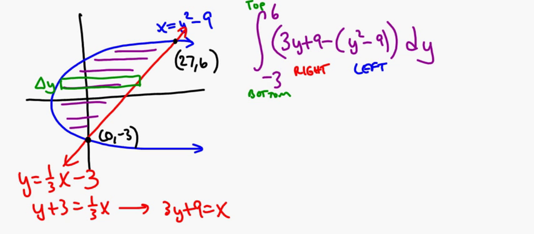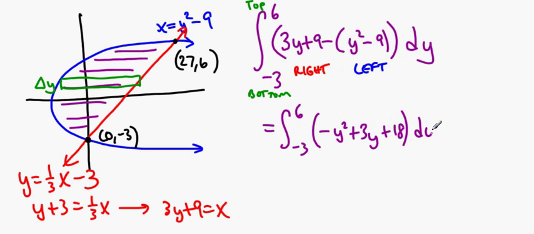The problem is no more functionally difficult than any other area problem we've ever done. And in fact, this is actually kind of nice because we're going to get a negative y squared. We've got a plus 3y. We've got a plus 18.